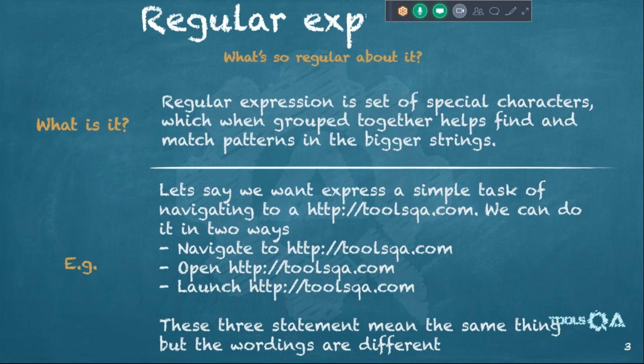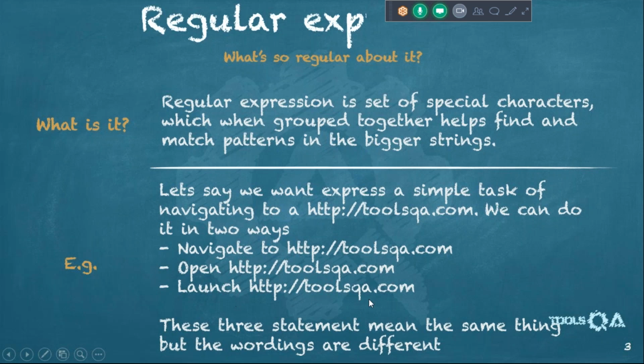You can express your desire to navigate to a particular page by either writing navigate to http toolsqa.com, or you would write open http toolsqa.com, or you can also write launch http toolsqa.com. Now these three things basically are different ways of expressing the same thing. The same thing is that we want to navigate to a particular page, right?